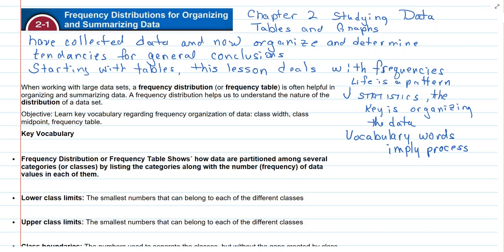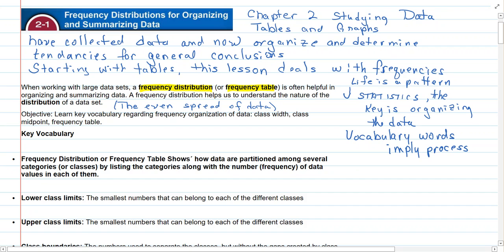When working with large data sets, a frequency distribution or table is often helpful to organize and summarize data. A frequency distribution helps us to understand the nature of the distribution and the spread. And it's the even spread of the data.